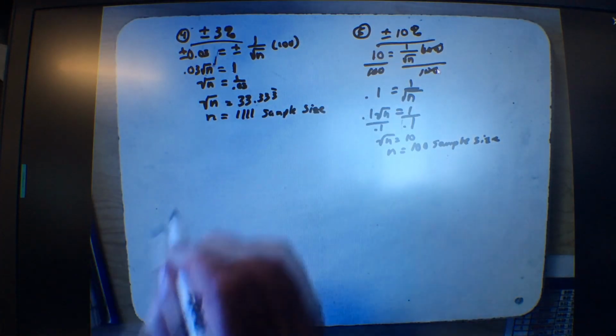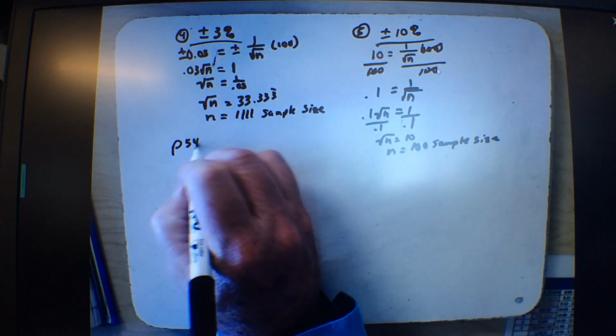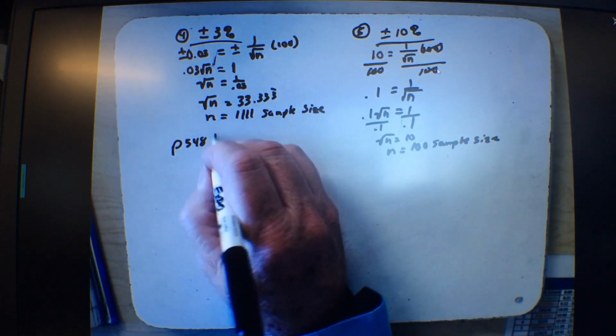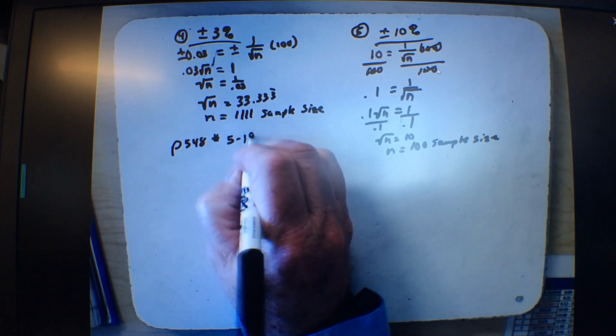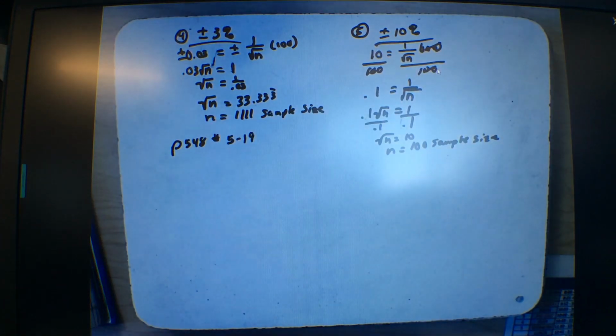So let's take a look at the exercises, shall we? We're on page 548. We're going to end up doing numbers 5 through 19. The first one is a clothing manufacturer.